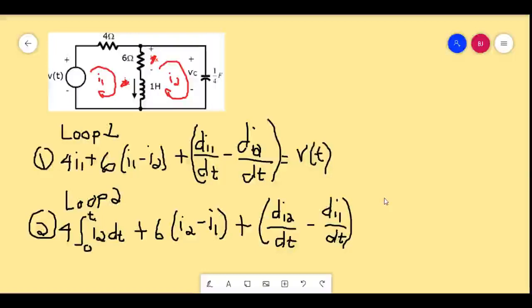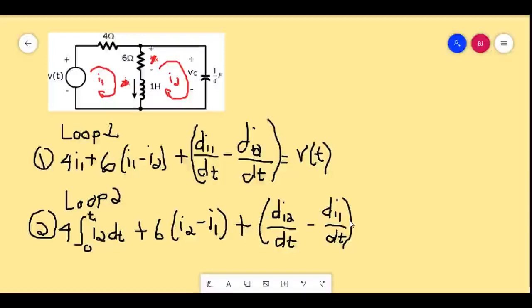Okay, let's now compare what you have on your answers and see if you were able to do the second step correctly. Now, I've already mentioned that we only do the second step if the equation has an integration. So loop 1 does not have any integrations on it, so we do not use the second step to transform loop 1.